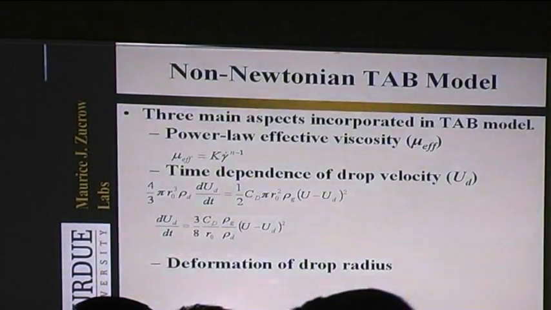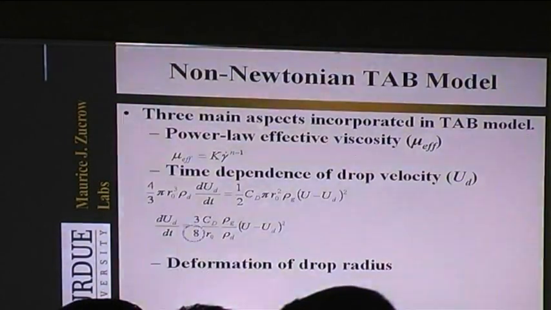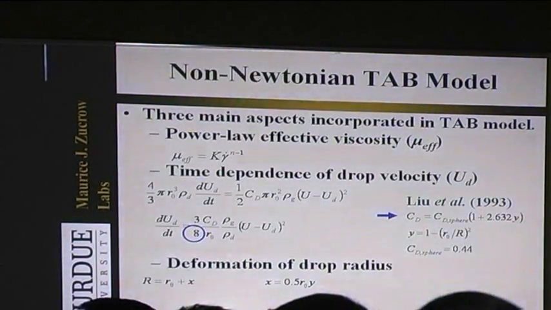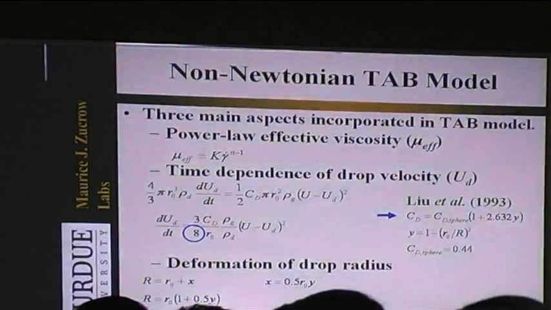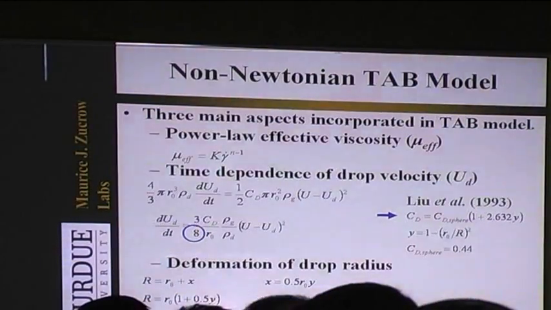And then the deformation of the drop radius was written in terms of some dimensionless groups. And from this particular equation for the motion of the drop and for its deformation, which is shown under the Liu et al. correlation, we'll go to slide 35.